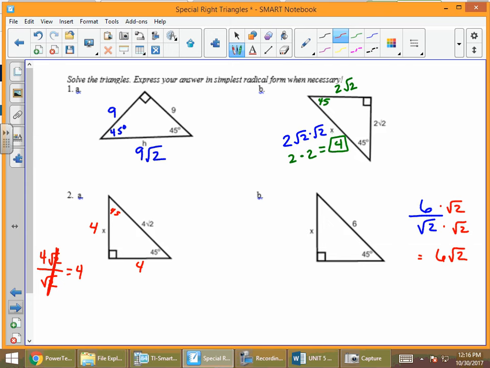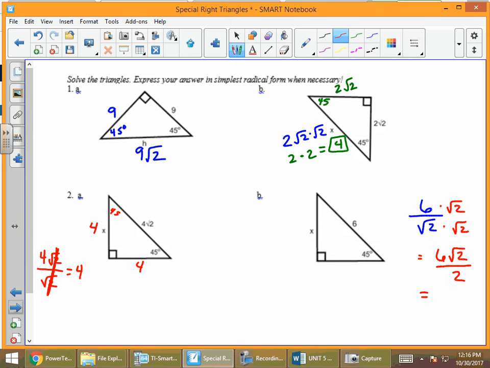Okay. In the bottom, what happens when you multiply the same radical together? It goes away and you're just left with 2. Can we clean this up even more? Yeah, because what does 6 over 2 simplify down to? 3.